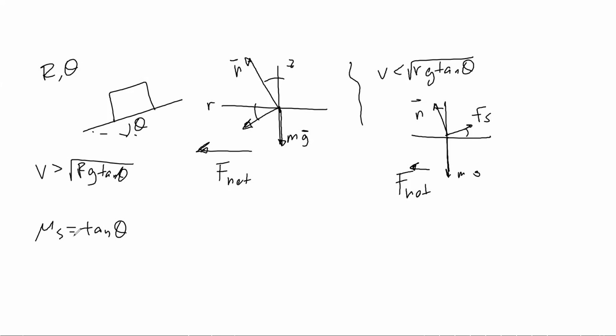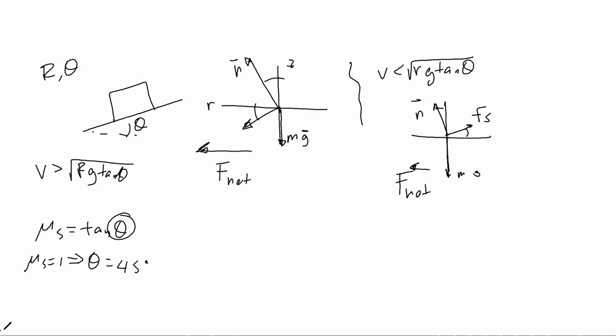So that's the measurement of the coefficient of static friction. So this angle is a thing that's important. For rubber on concrete, mu sub s equals 1, which would make that angle 45 degrees.